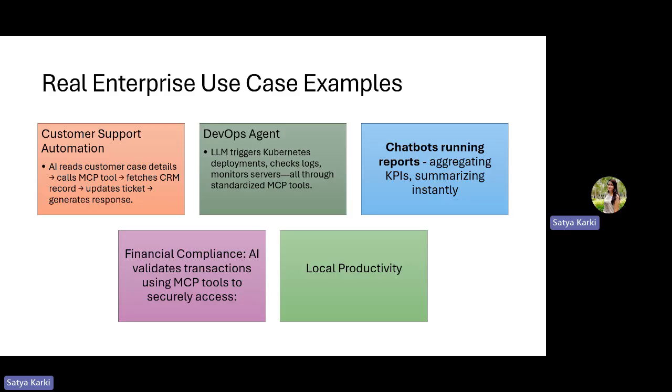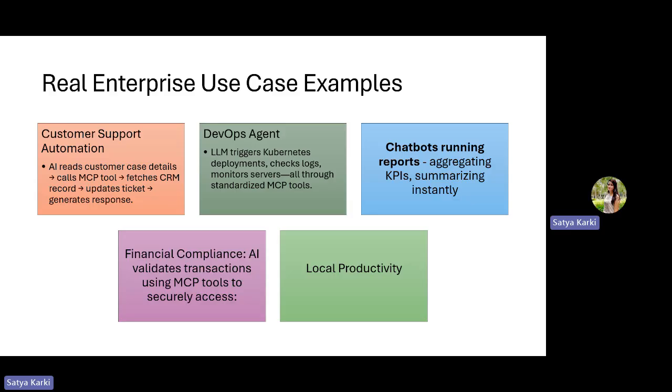We can use the MCP for DevOps agents, for the LLM triggering the Kubernetes deployment, checking the logs, monitoring servers, all through the standardized MCP tools. And we can use the MCP in chatbots, running reports, aggregating the KPI, summarizing the data instantly, and so on.